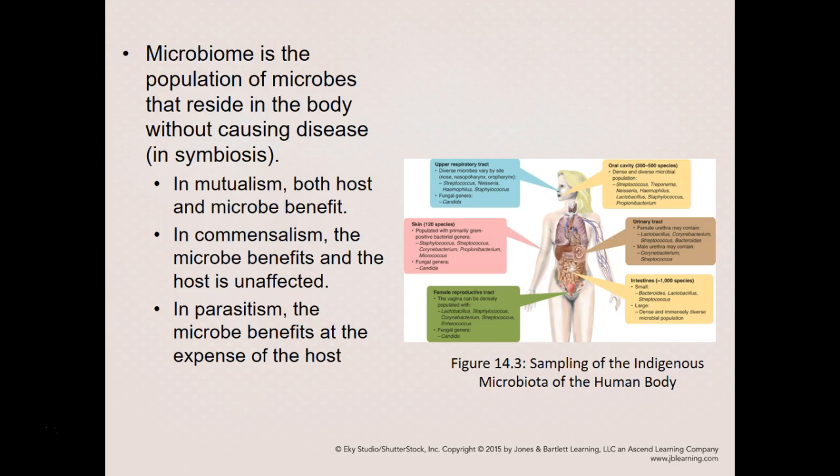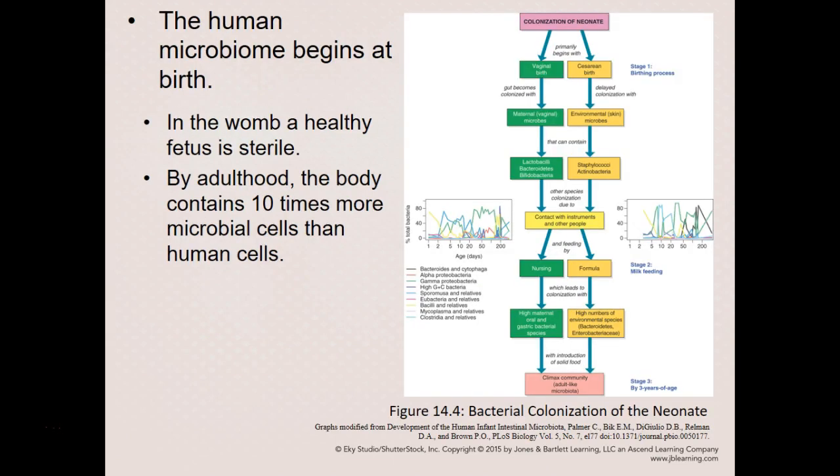So this is just the species that are always found with us. But if those species were to start replicating or were to start harming our cells for some reason, then they'd be considered a pathogen.